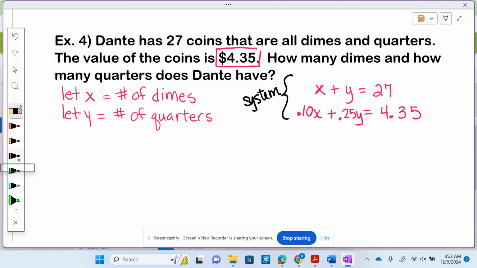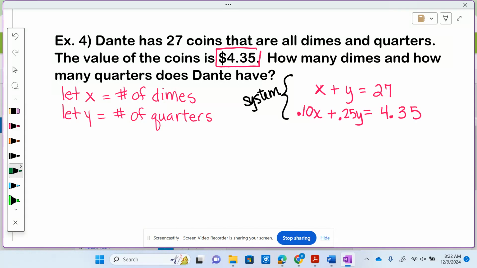So how do you want to solve those? What do you think, Avery? What method do you want to use? Daniel, what method do you want to use? Your two methods are what?